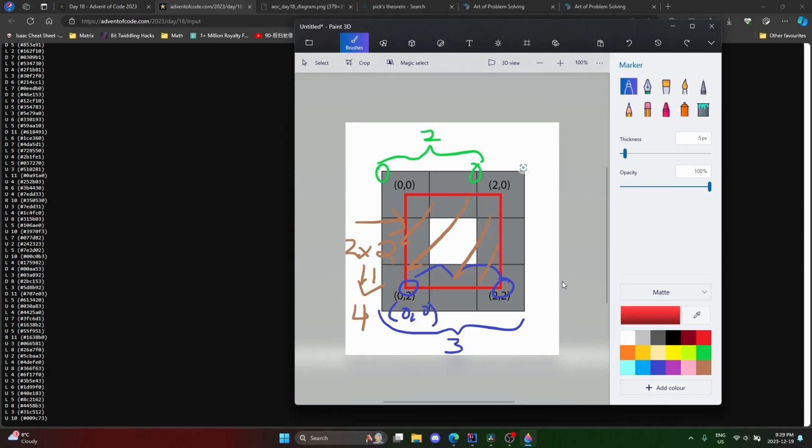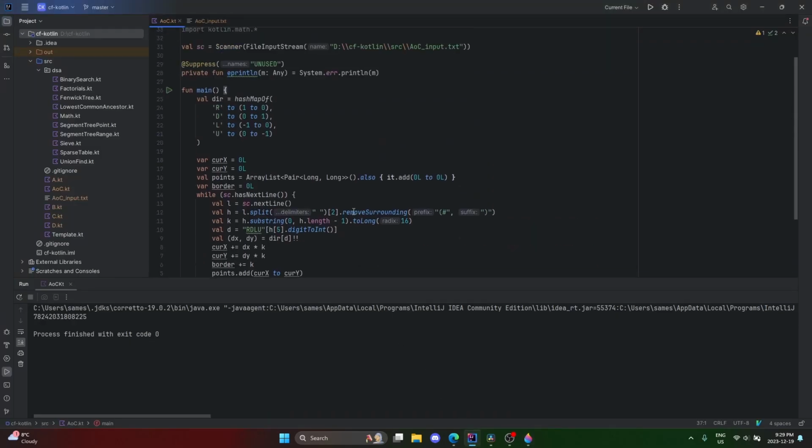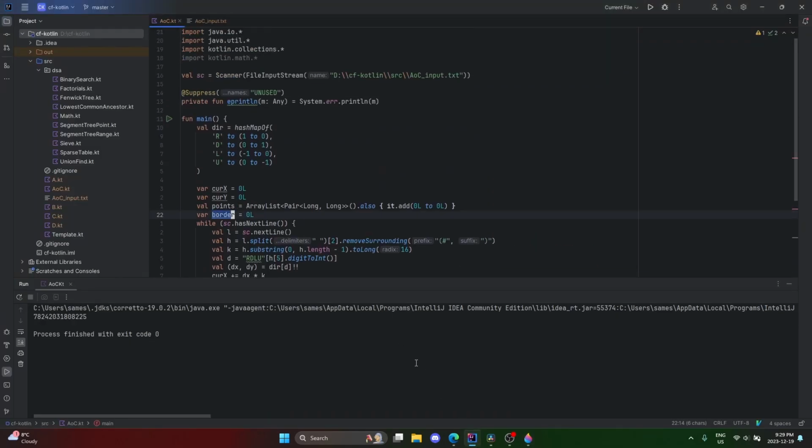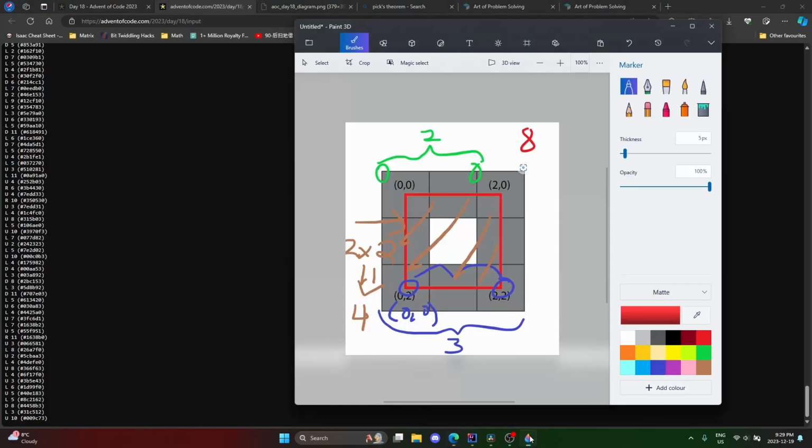Well, you can notice that when we have a border, so we have 8 border squares, right? We already keep track of our border in this. So you can think about it like, how do I even explain this?